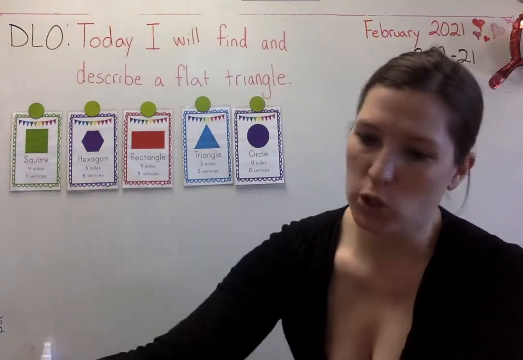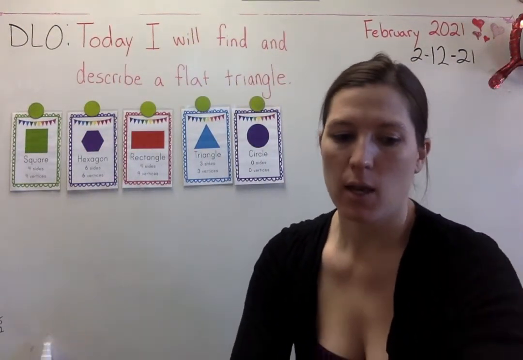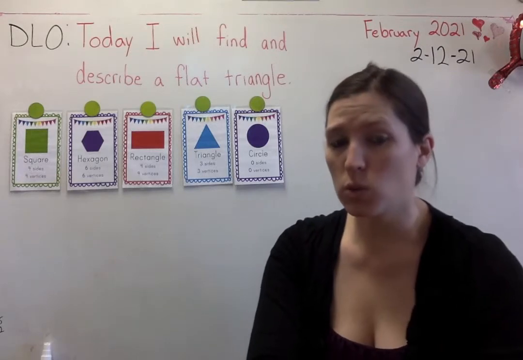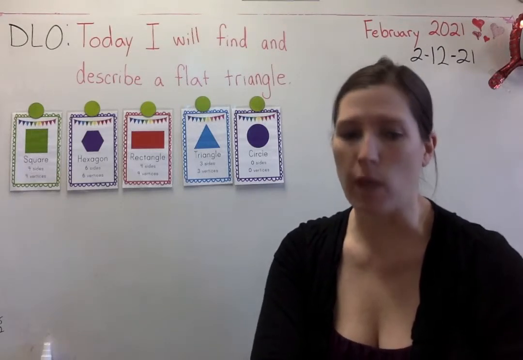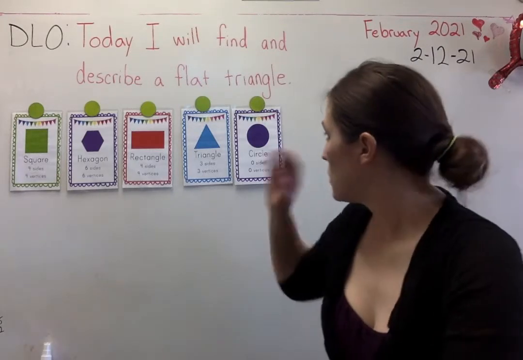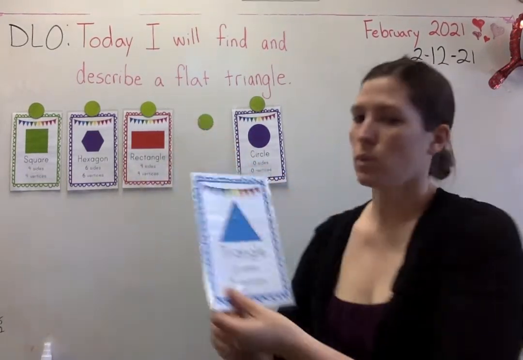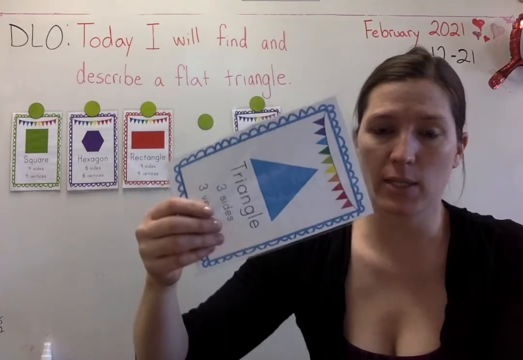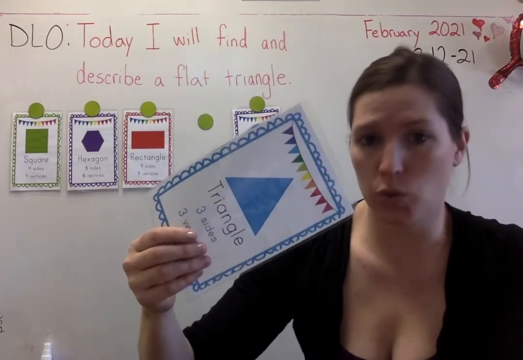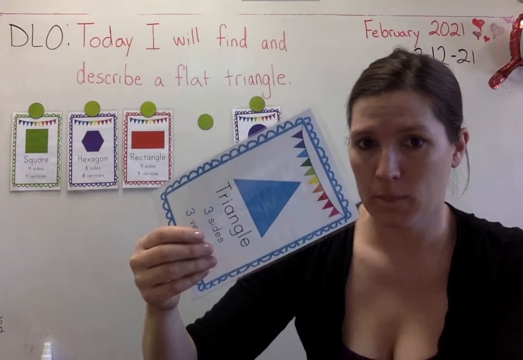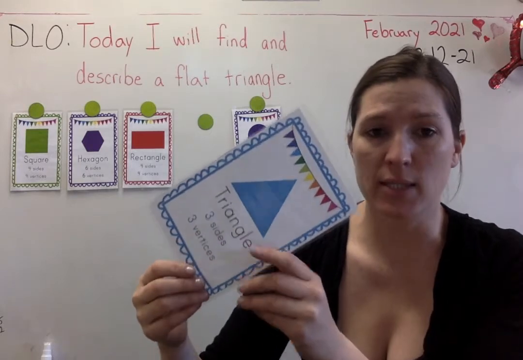One more thing I want to show you is that sometimes our little kindergartners get confused with shapes when they're shown a different way. This is what I mean. So if I take my triangle and I turn it sideways like this, is it still a triangle? Think about what a triangle has to have.